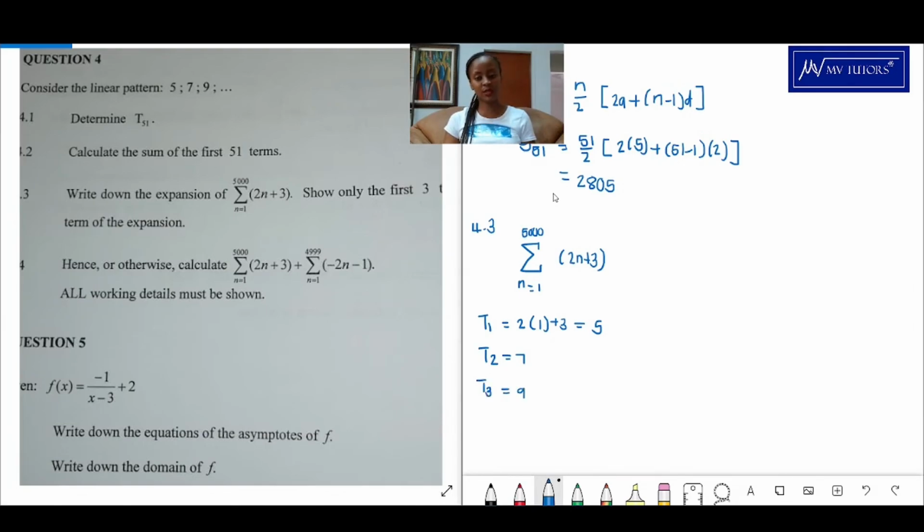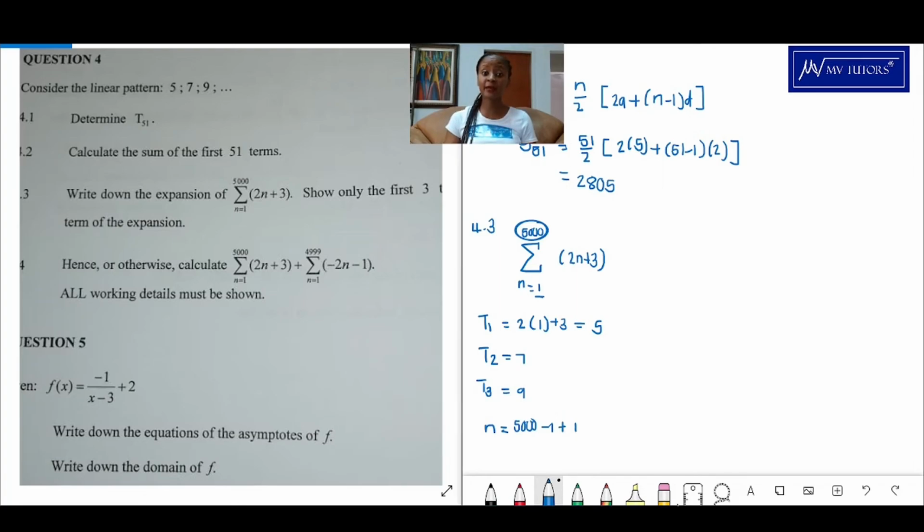So how do we get the last term? Okay, first of all, before you even get the last term, how many terms are there? Okay, so if you want to calculate the number of terms, basically you're going to take the last value here, 5,000, minus the first value, which is 1, and plus 1.